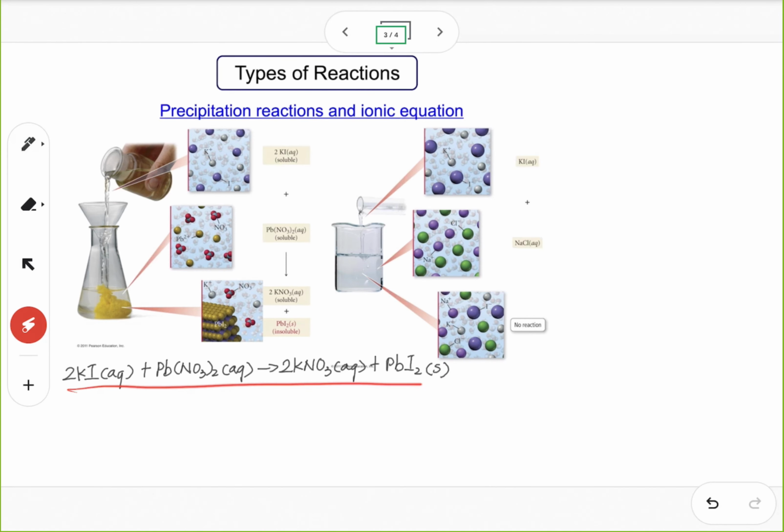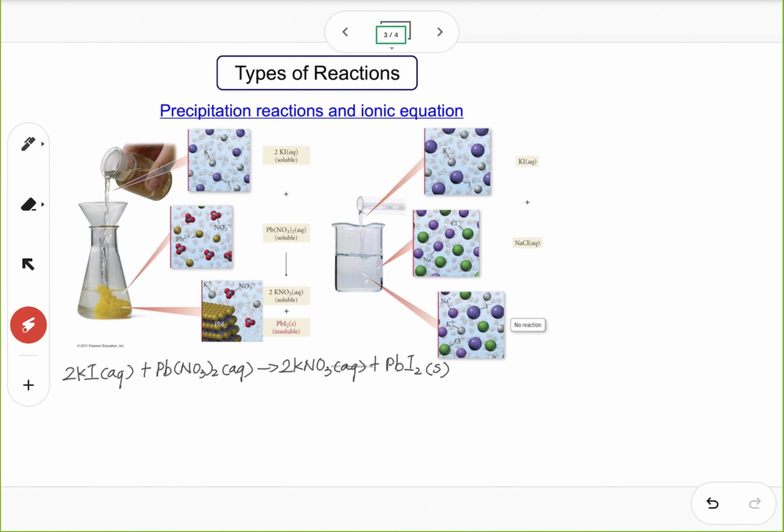Now let's take a look at the ionic equation, or the complete ionic equation. What does that mean? It means you are going to write the ions that come from those ionic compounds and their products, and then take a look at how they react with each other, how different ions combine with each other to form the products. So let's take a look.